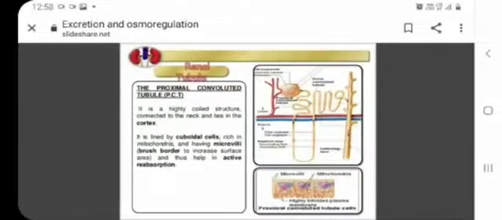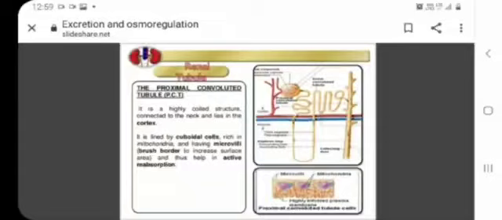The renal tubule is made up of, we know, the proximal convoluted tubule, the Henle's loop, the distal convoluted tubule.